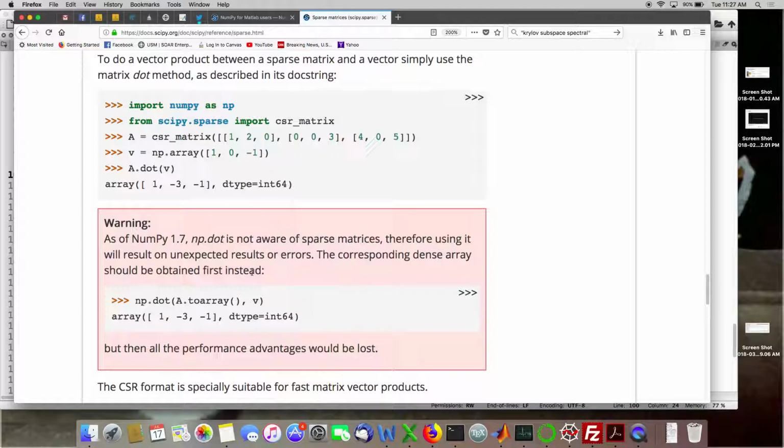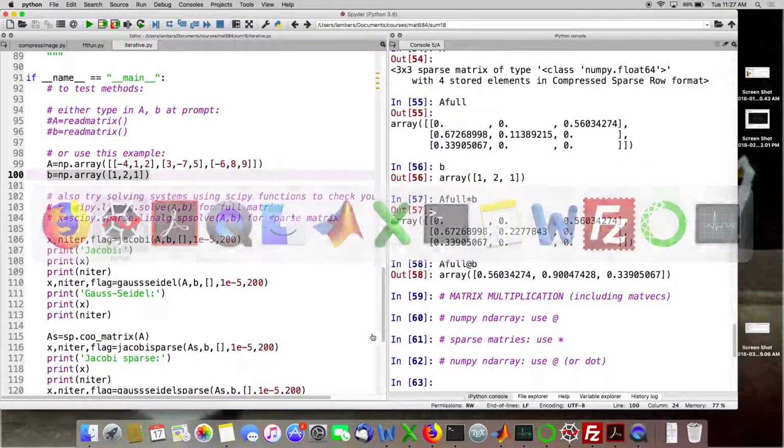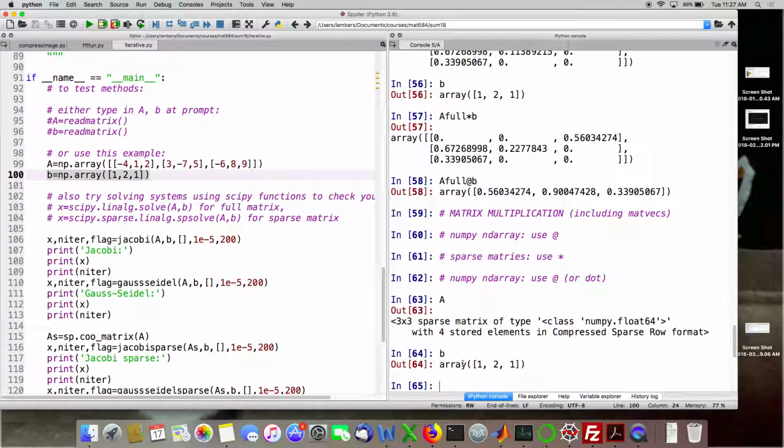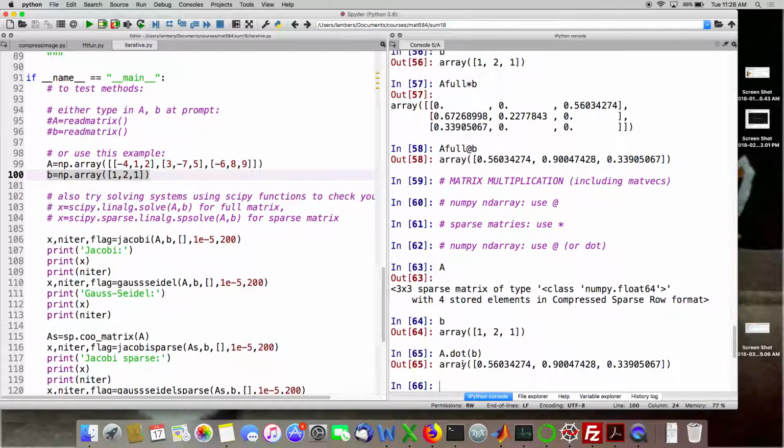Okay, so let's revisit this. A is my sparse matrix, B is my vector. So I do this: A dot dot B, and that produces a decent result.